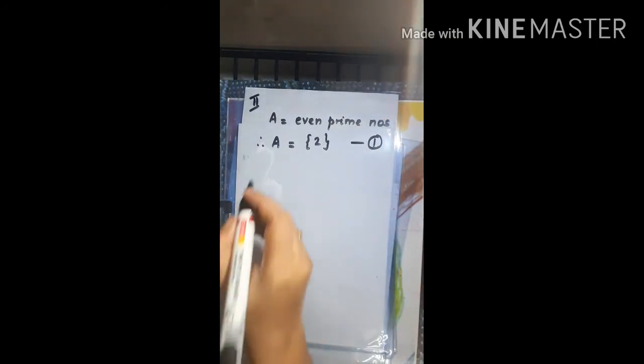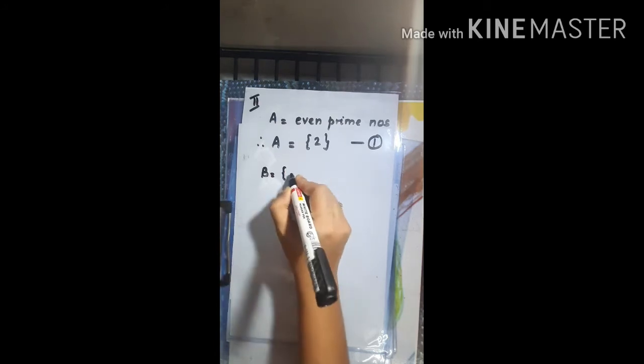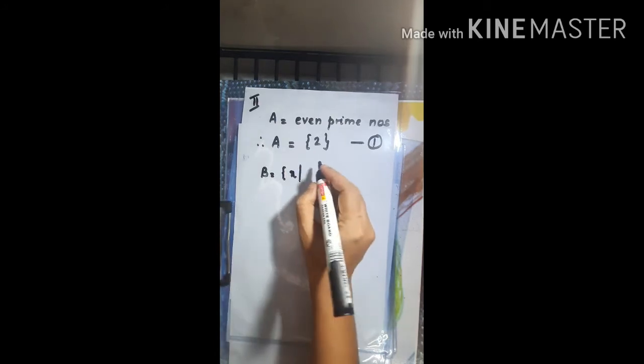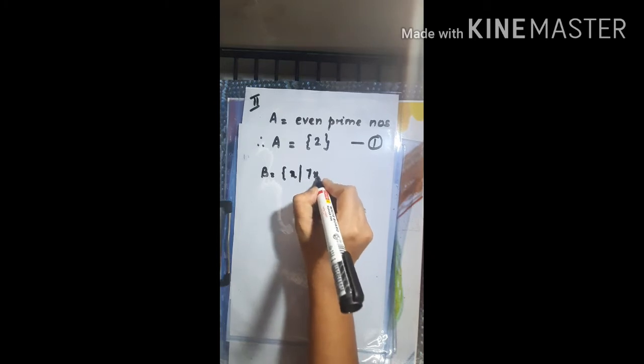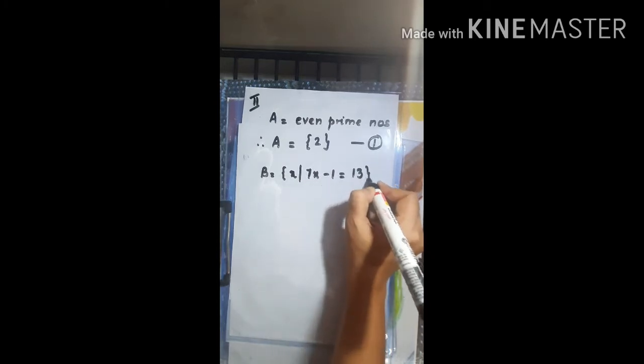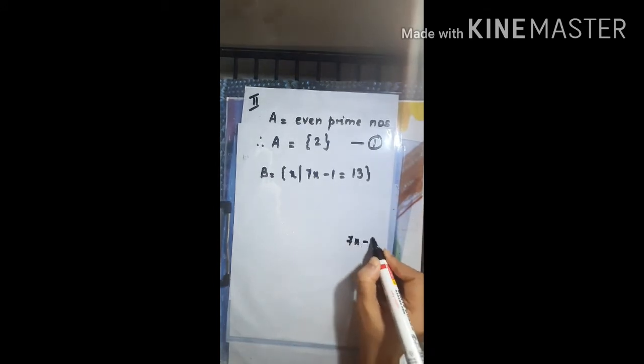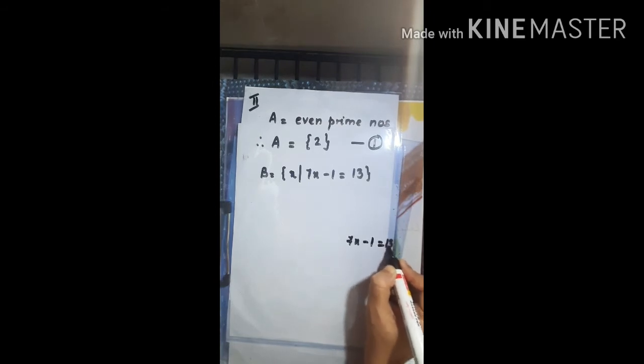Next, B is equal to all x such that 7x minus 1 is equal to 13. Now we have to solve this equation. Let us go in the rough column and solve it. 7x minus 1 is equal to 13.